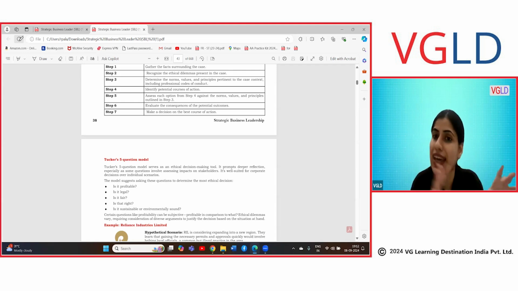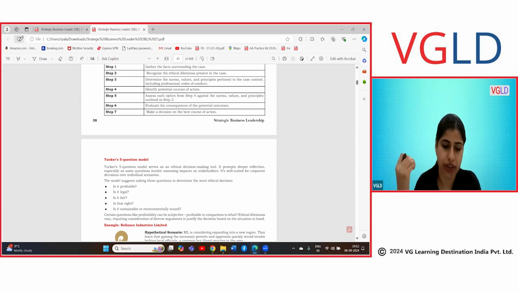But if they are not mentioning any model, you can still focus on a specific model, or without writing the name of the model, you can give reference, like considering the profitable points, considering the legal points.